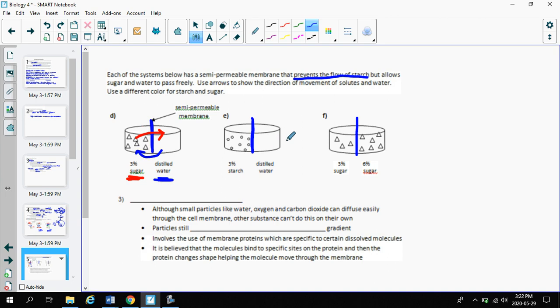Since this membrane for letter E here is impermeable to starch, these little starch molecules can't move that way. But the water can move from an area of higher water concentration to an area of lower water concentration. So again, the movement of water is osmosis. The movement of other particles down their concentration gradient, like sugar, that's diffusion.